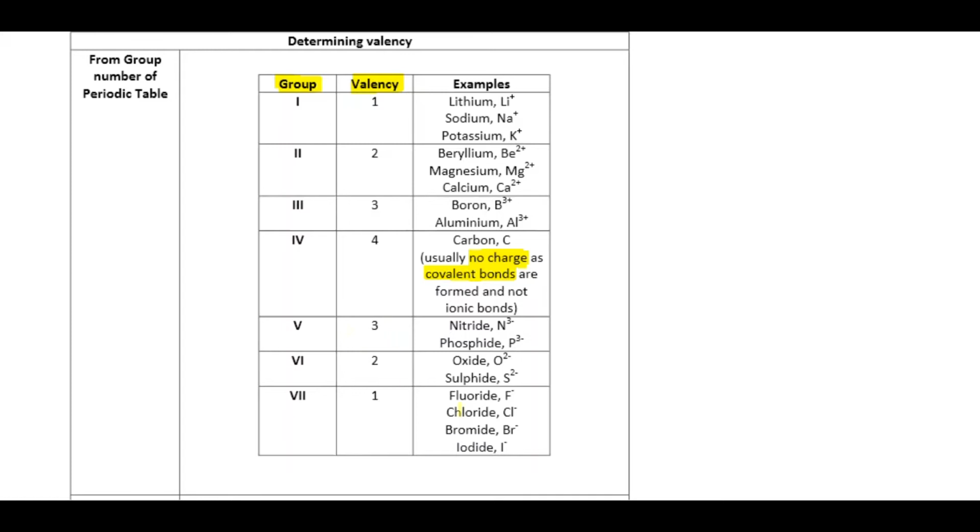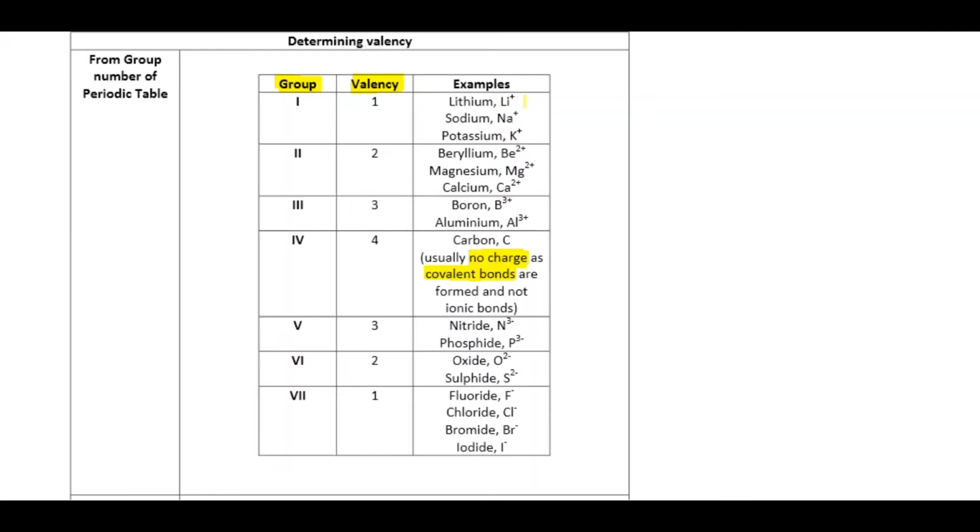I'll just briefly explain how these charges are actually formed. When you have a metal in group 1, these metals tend to lose 1 electron to form a stable octet structure. A stable octet structure refers to having, for example, 2 or 8 electrons in the outermost shell.